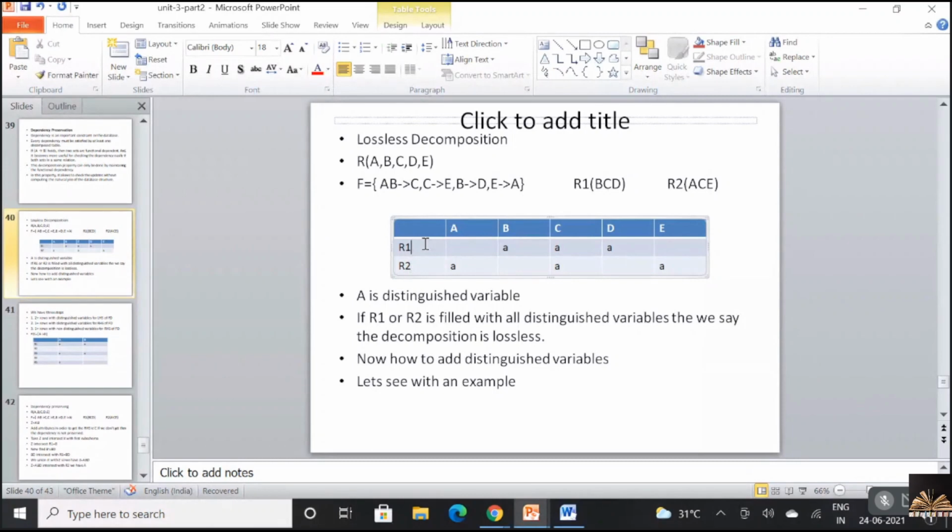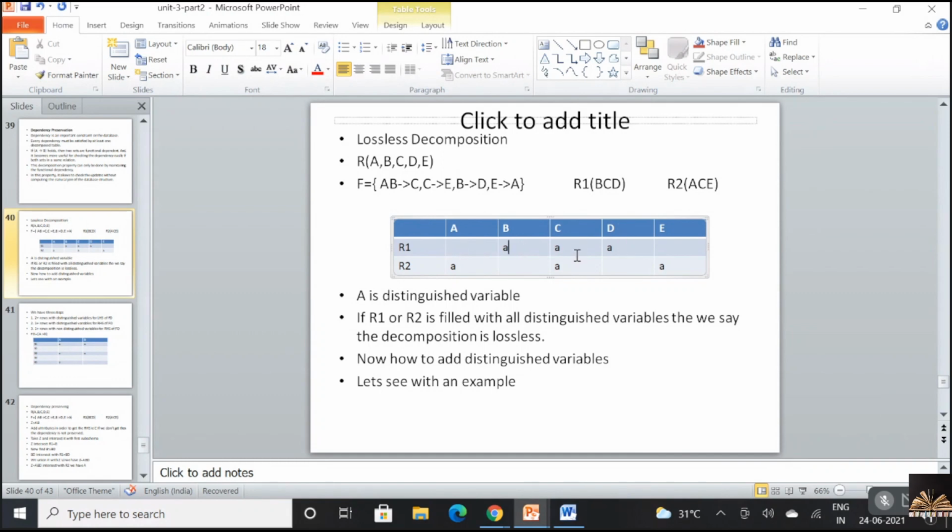Now, I'm adding a variable called a distinguished variable to the attributes that are present in the relations. That variable is denoted by small a. The attributes present in R1 are B, C, D. So under R1, with respect to B, C, and D, I place small a.